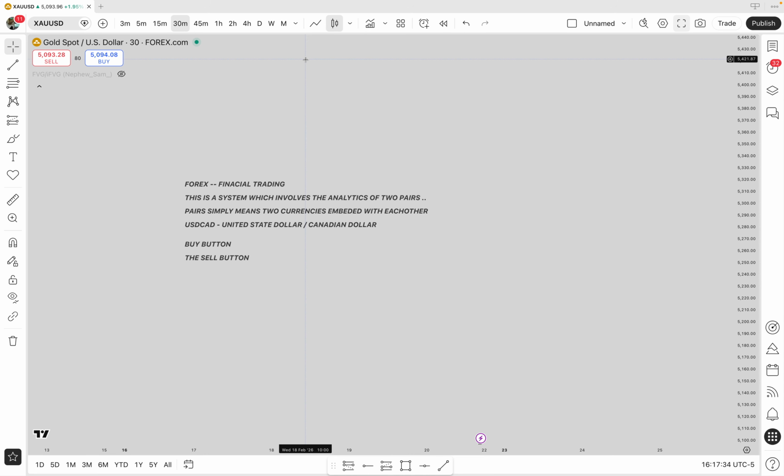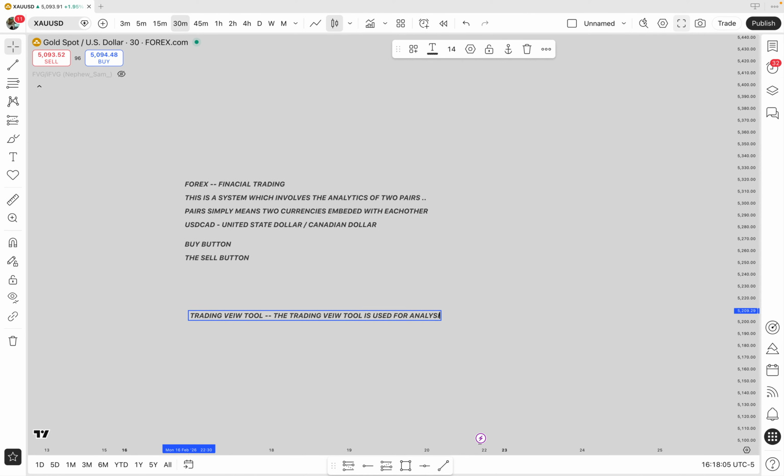Now, as a trader, one of the things you literally need is tools for your trading life, or should I say your career, right? So now, the first tool, which I'm going to be explaining each and every one of them's characteristics, right, is the trading view tool. Now, the trading view tool is used for analyzing the markets, right?